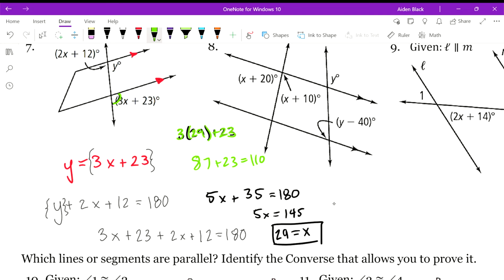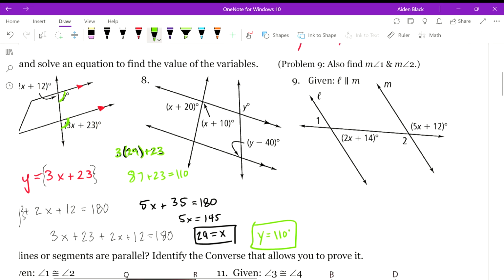So since these angles are corresponding, we know that they're equal. So y must be equal to 110. So that's a system of equations.